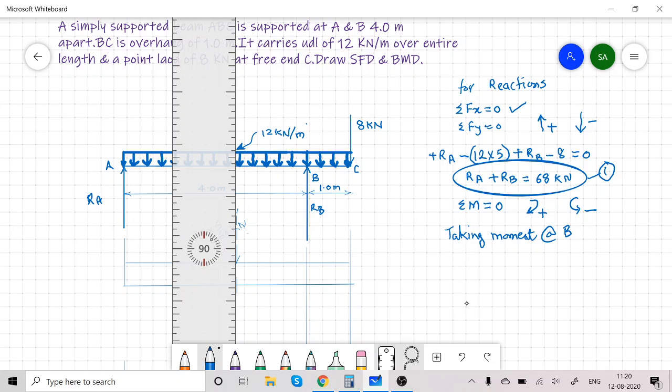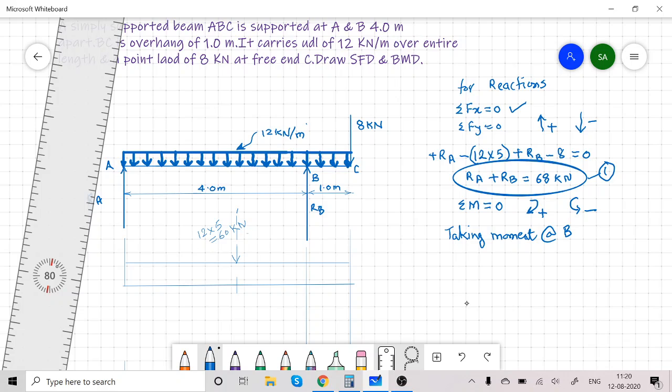See, the UDL length is 5 meter and it is assumed to be acting at the center of 5 meter, that is 2.5 meter from A, 2.5 meter from C, and therefore from B it is 1.5 meter.